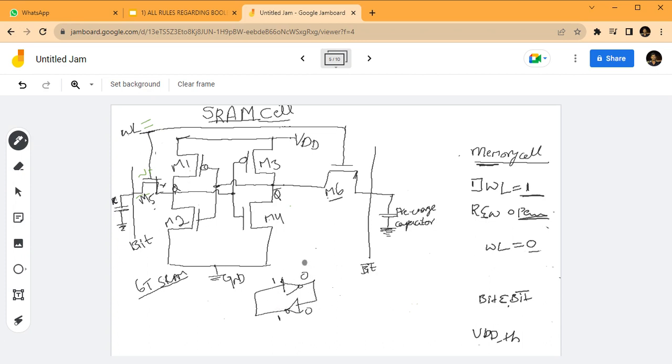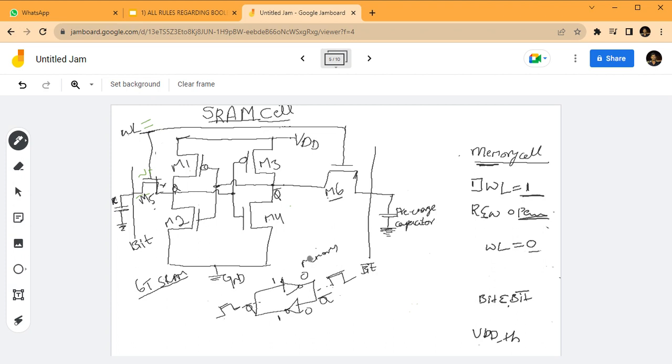It is called a memory. The output will be Q, and the corresponding output will be Q bar. Then NMOS transistors are connected on both sides to access the information.